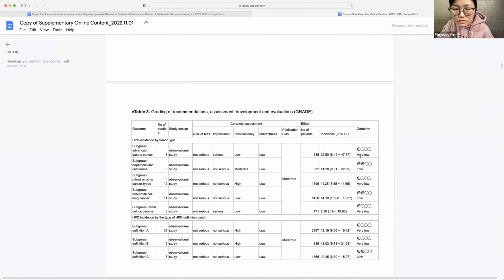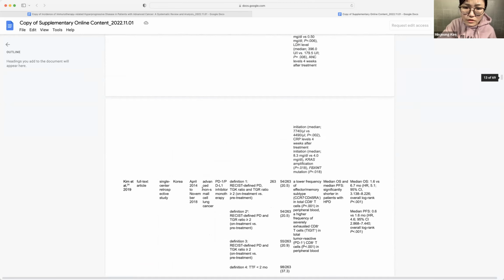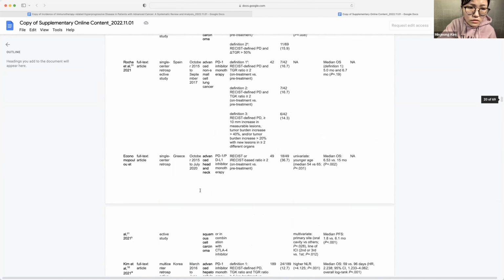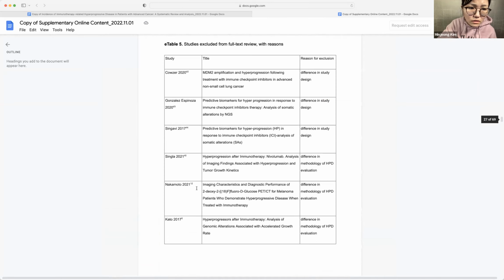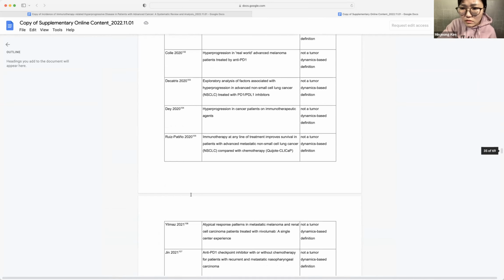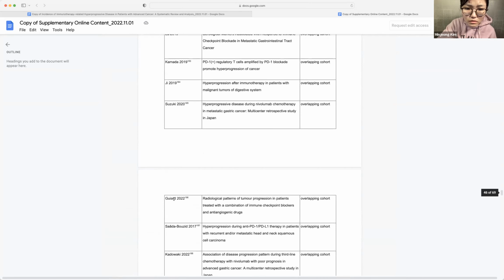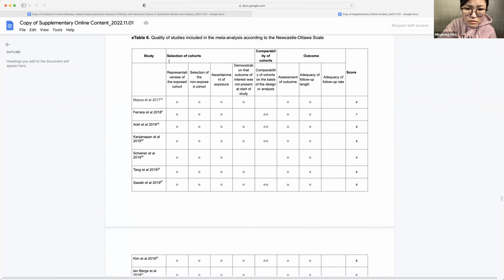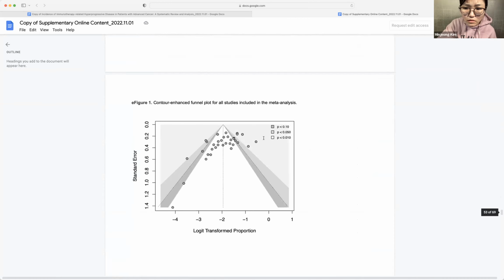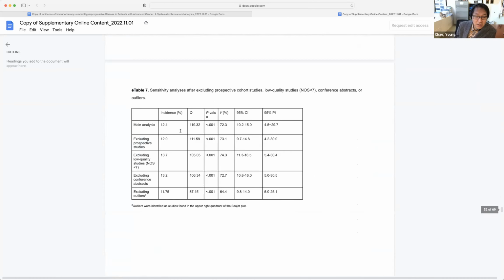Oh, I forgot to highlight the sections, but that's the grade assessment that's been added. And table 7 on page, I think 53-ish, has the sensitivity analysis results. On, yeah, page 53. Oh yeah, this one. Yep, that's the sensitivity analysis results, and they're basically consistent with our main findings.